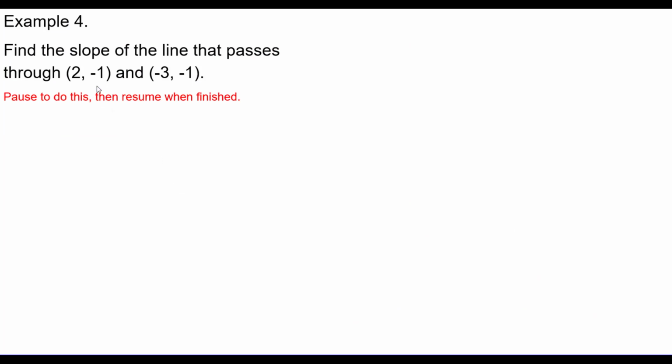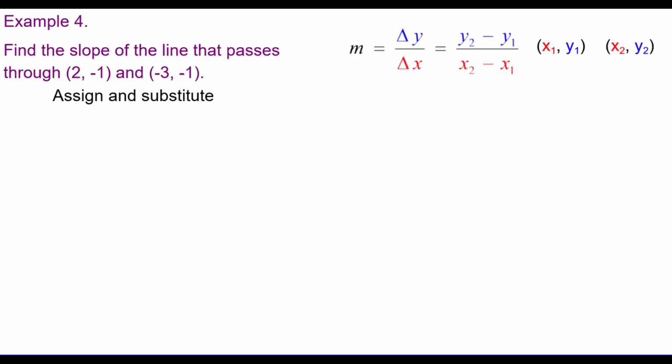Example 4, find the slope of the line that passes through these 2. We're going to let you go ahead and do this from the beginning. Pause to do this, resume when you're finished. First of all, we assign and substitute. So here's our x sub 1 and y sub 1, x sub 2 and y sub 2.